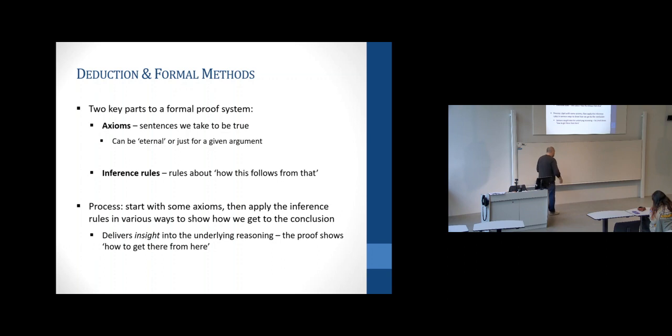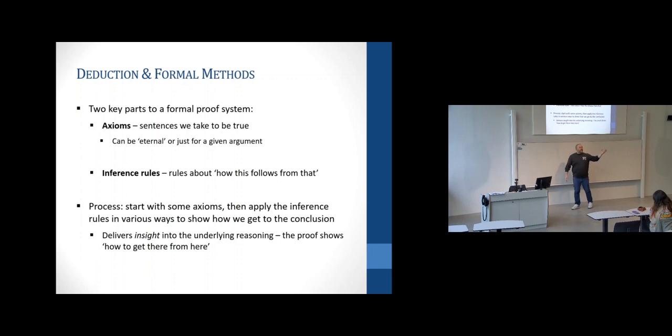They could either be taken to be true because they are in fact true, or simply assumed for the sake of this given argument. So a sentence could be an axiom for this argument, or it could be an axiom tout court, right, kind of across the board.